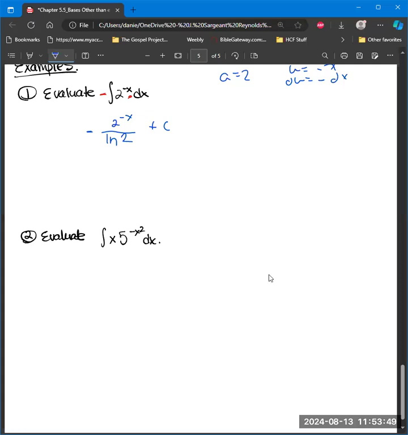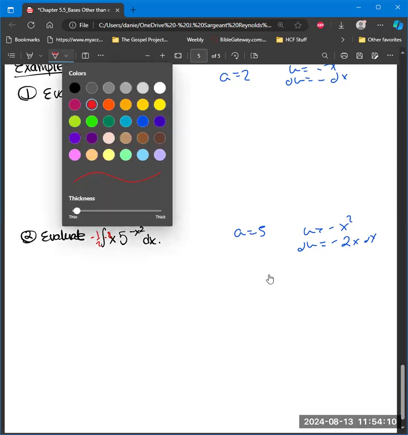And a little more complicated here. A equals 5, u equals a negative x squared, du is going to be a negative 2x dx. So we need a negative 2 multiplier on the inside and a negative 1/2 multiplier on the outside.